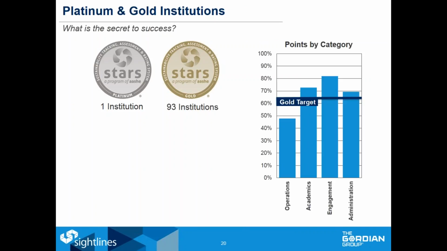And we took an analysis of those 94 institutions to see just where they were earning their points within the STARS system, and found that the majority of those institutions were really scoring well in academics, engagement, and administration, but that it was extraordinarily hard to earn a lot of points in operations, primarily because operations projects take a great deal of capital, time, and facilities buy-in to happen.